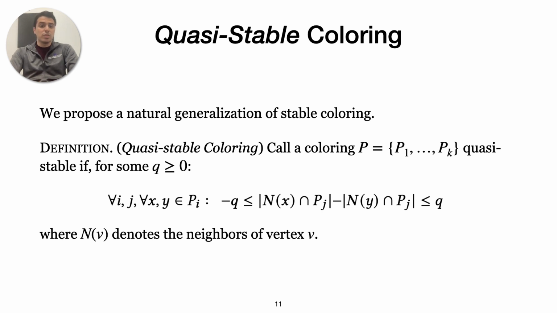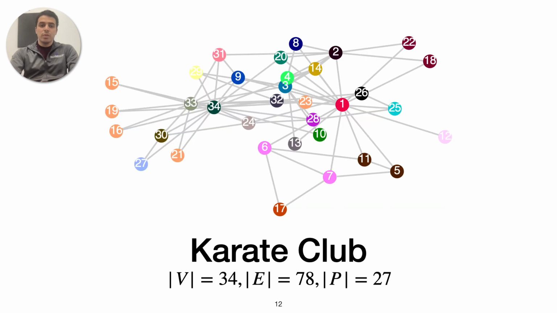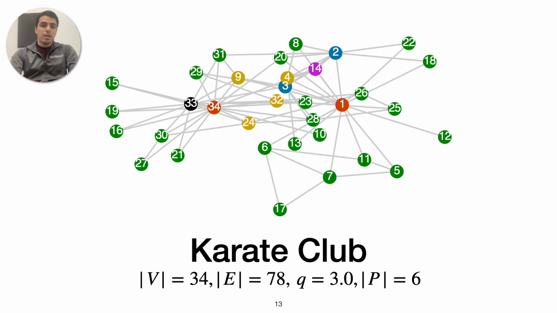And we call that constant q. So we say quasi-stable or q-stable coloring. And if we look back at our karate club graph that was so difficult to color with the stable coloring, our approximate version is able to use only 6 colors to compress this graph if we allow this error of 3 edges.